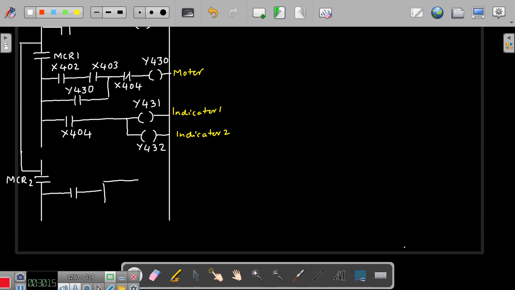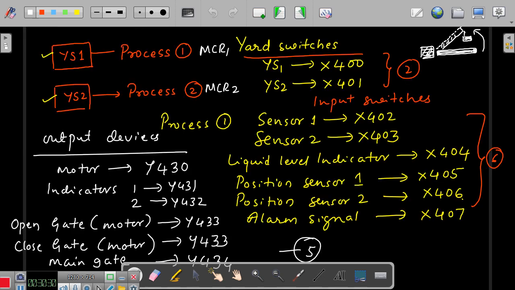input, and here I will use this input to set the output. So this input now happens to be X405. Let us see what is X405, position sensor 1.